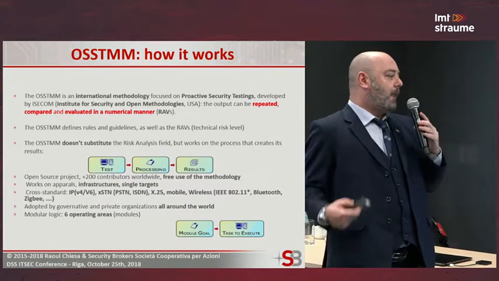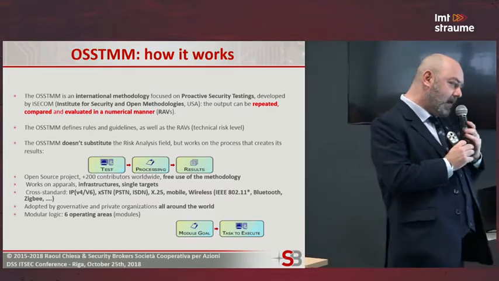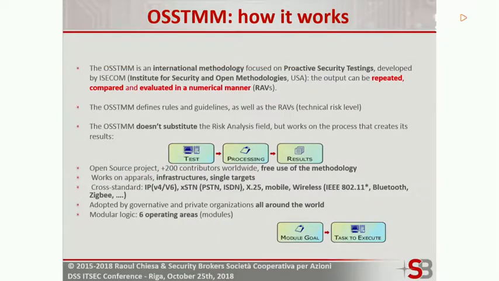The cool thing of the OSSTMM is that we define the rules and the guidelines and the RAV. RAV is so important because we've been the first one all over the world to be able to assign a numerical score to a risk. We're running a pen testing or a VA or anything else.